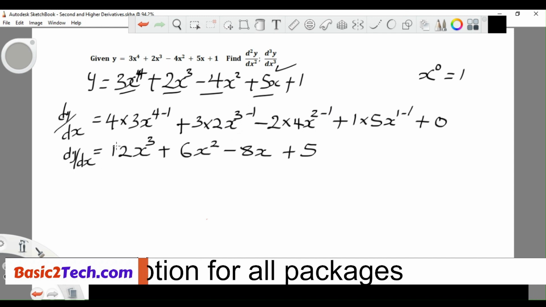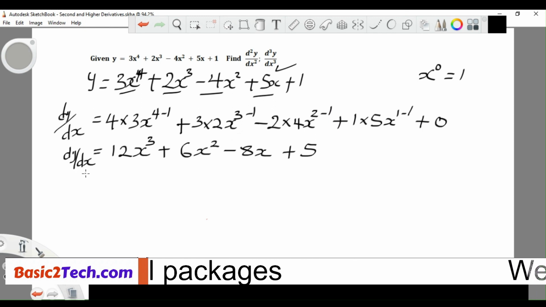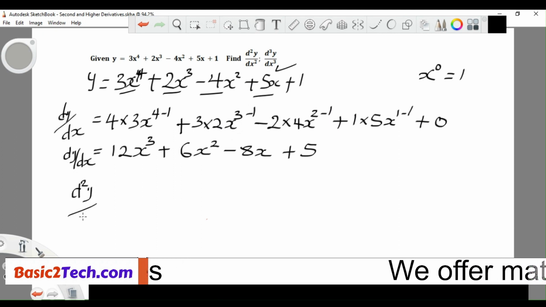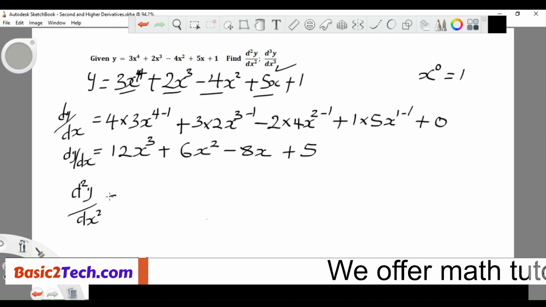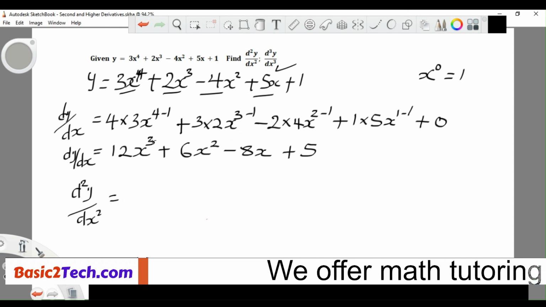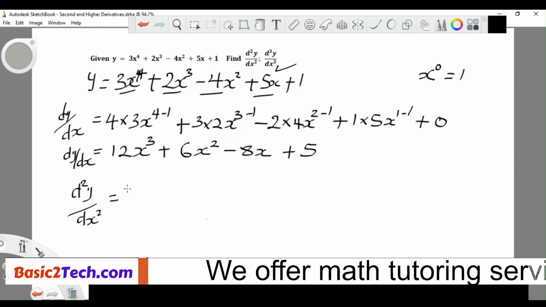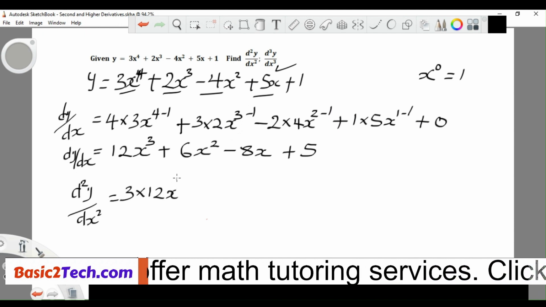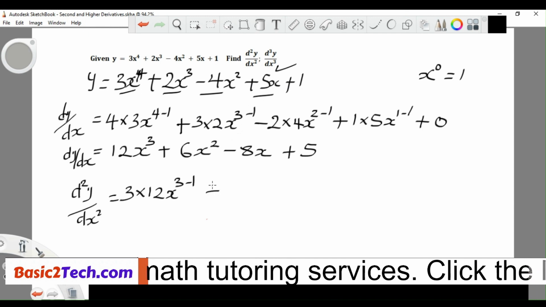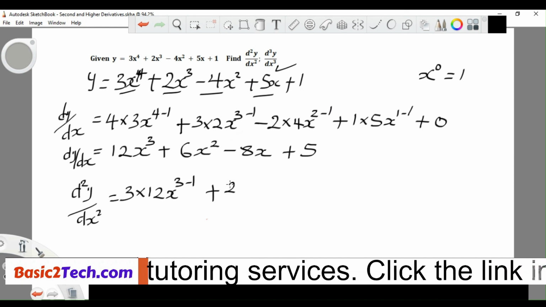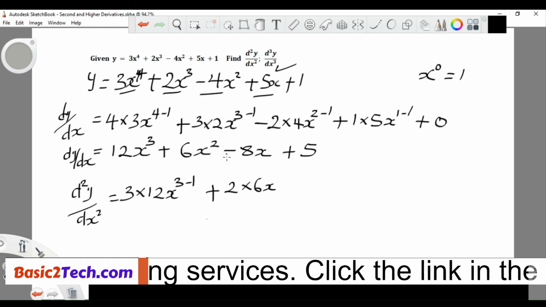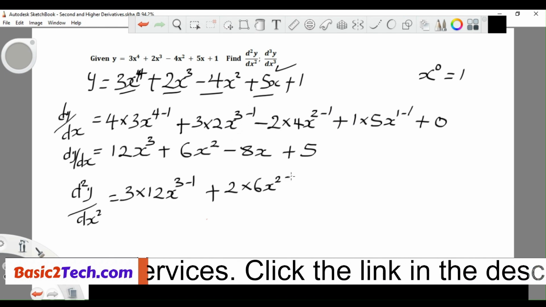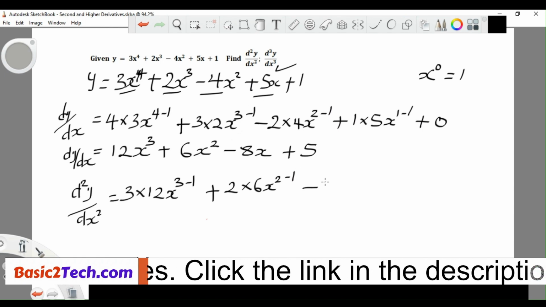The question is for us to differentiate it twice. So therefore we have to differentiate again. So d squared y over dx squared will give us, again, the power times the coefficient. So we have 3 times 12x, then the power minus 1, plus 2 times 6x, 2 minus 1, minus 8.